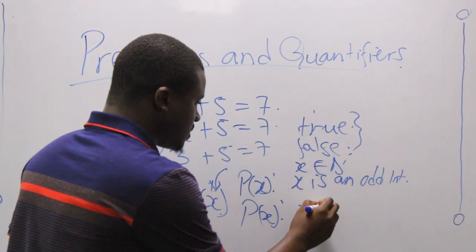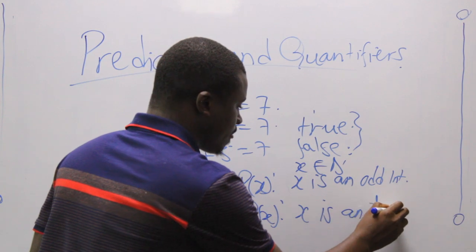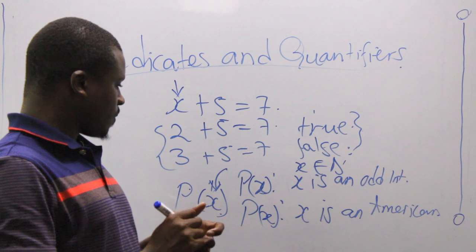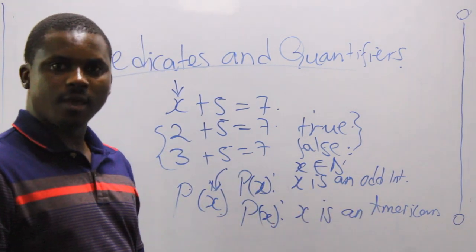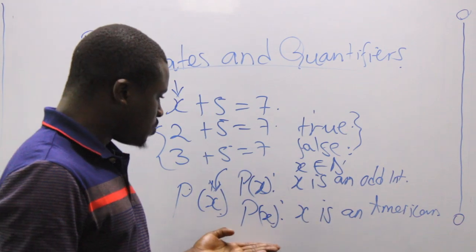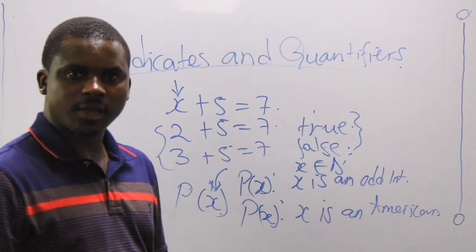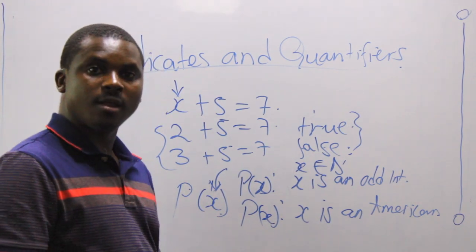Also, you can have another example where P of x is x is an American. Here we are just saying, for P of x to be true, x must be an American. So the possible values in our domain will be humans, and then we look at whether you are an American or not.